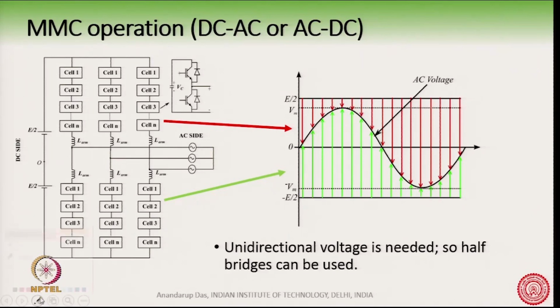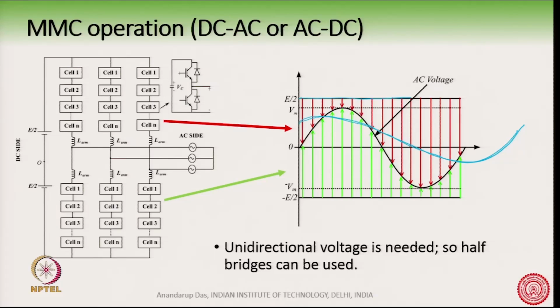Suppose instead of this flat line, I have started to vary this line. What will happen then? Two or three things will happen simultaneously.